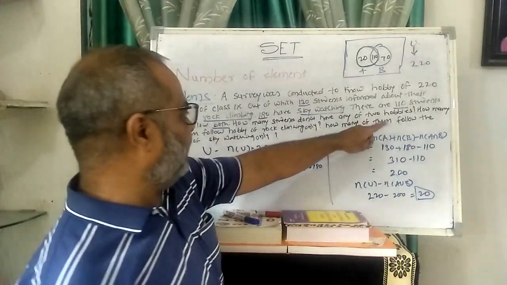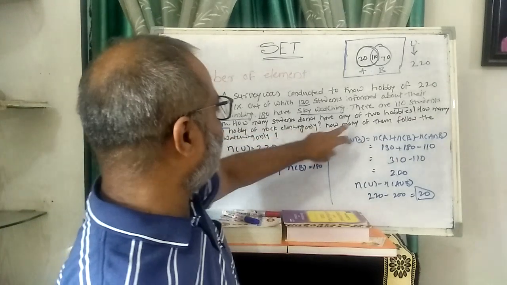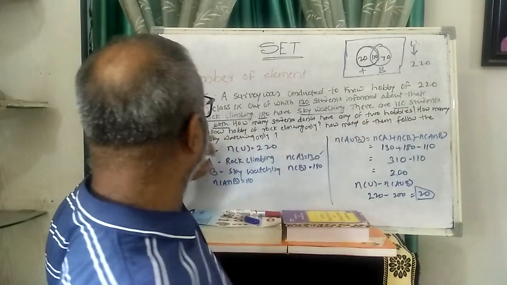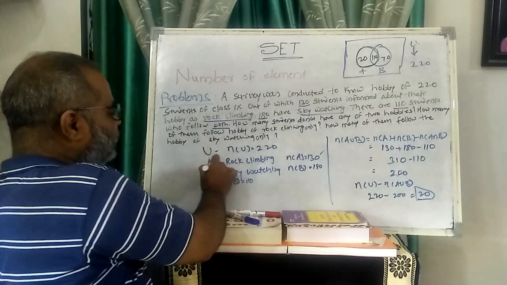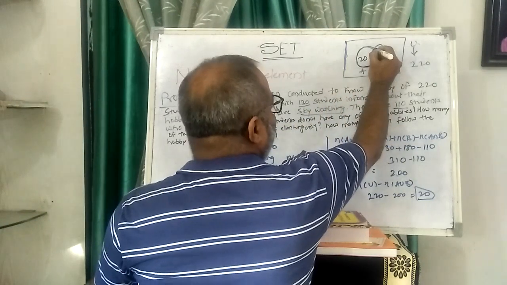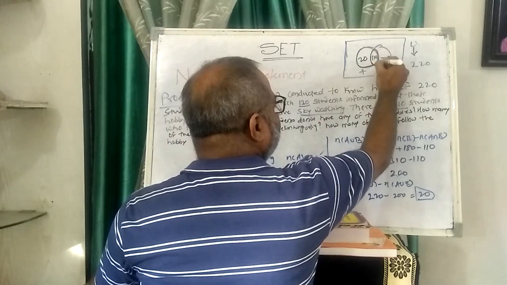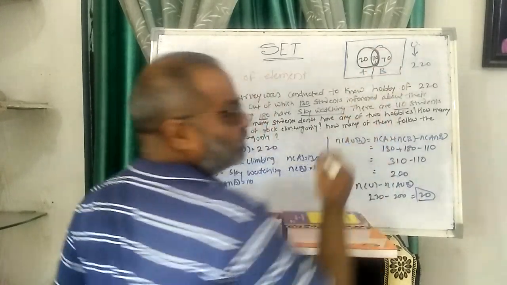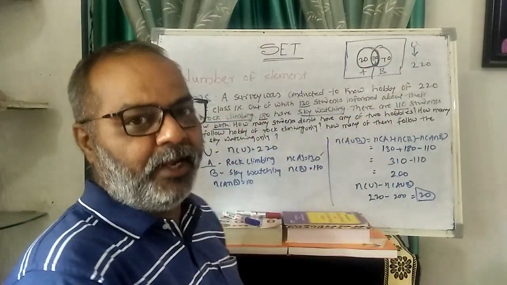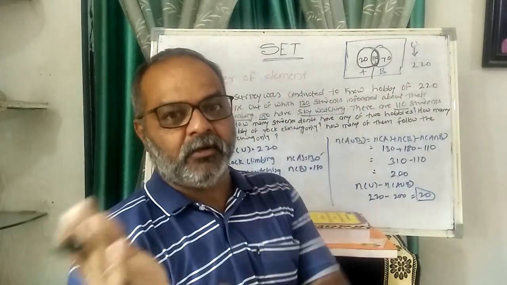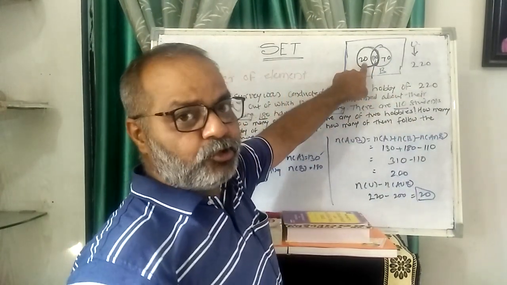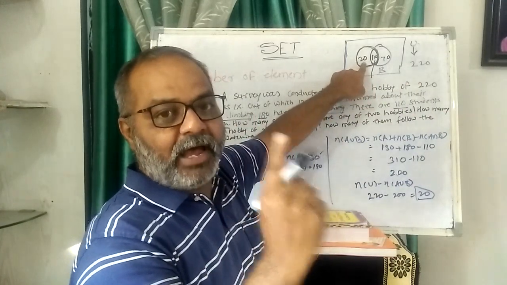Now concentrate here. How many of them follow the hobby of rock climbing only? Set A is rock climbing. This part is the intersection part, that means 110 students have both rock climbing and sky watching as hobbies. So 20 students have only rock climbing as their hobby.